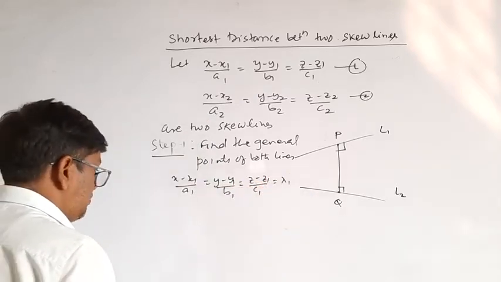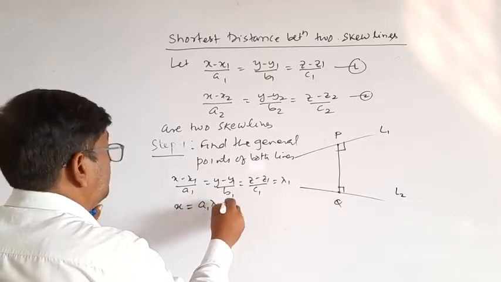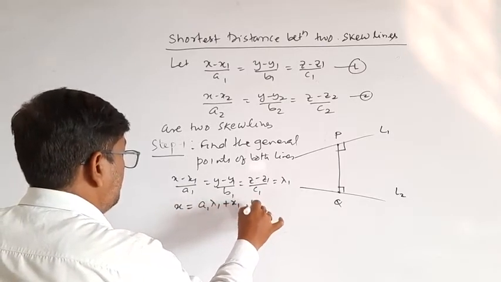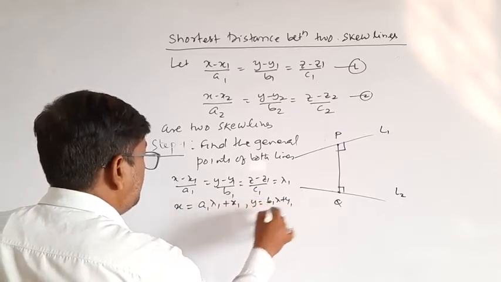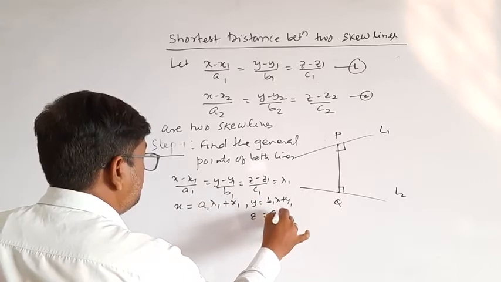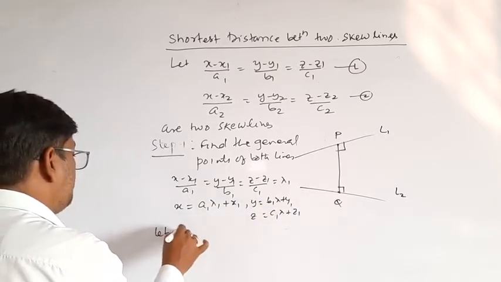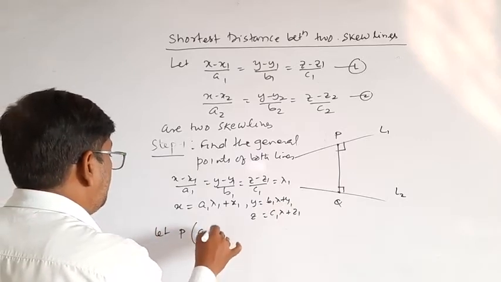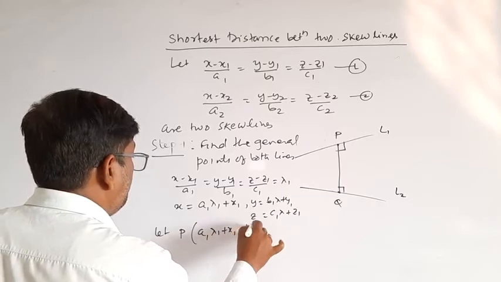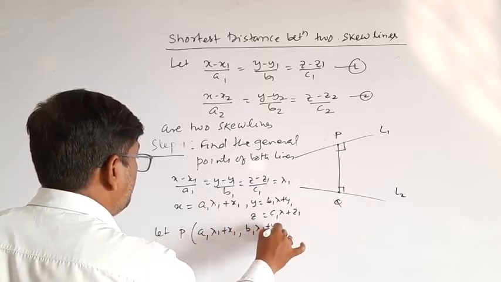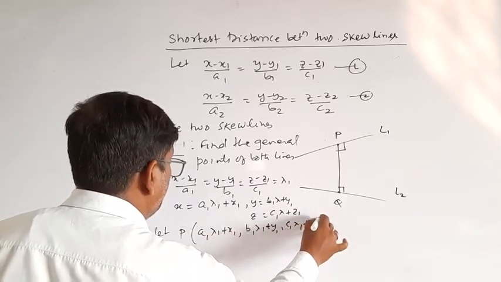Then x equals a1 lambda 1 plus x1, y equals b1 lambda 1 plus y1, and z equals c1 lambda 1 plus z1. So the point P is (a1 lambda 1 plus x1, b1 lambda 1 plus y1, c1 lambda 1 plus z1).